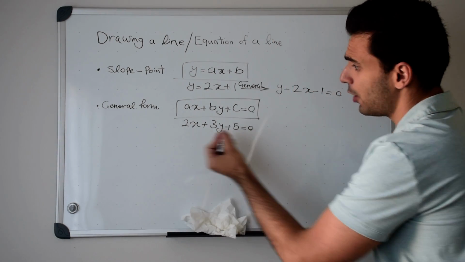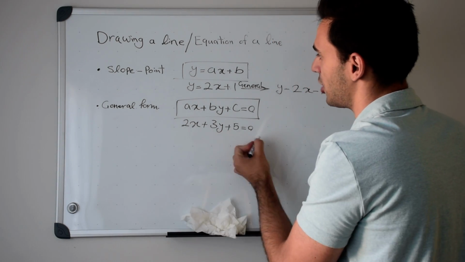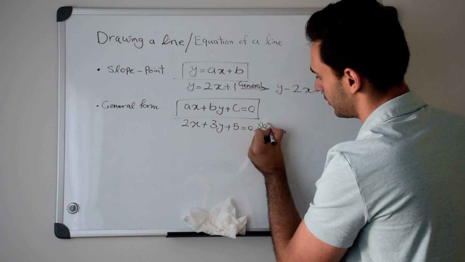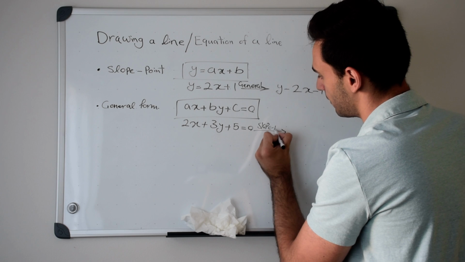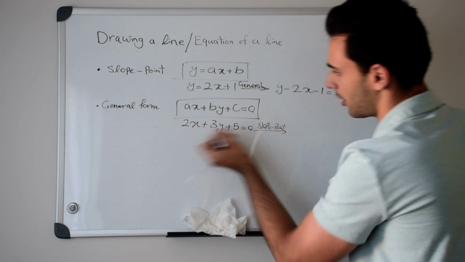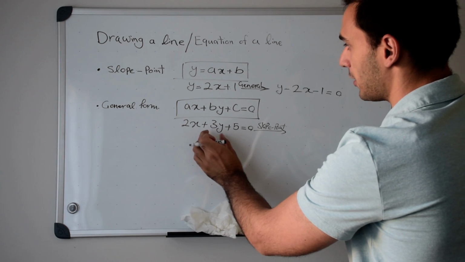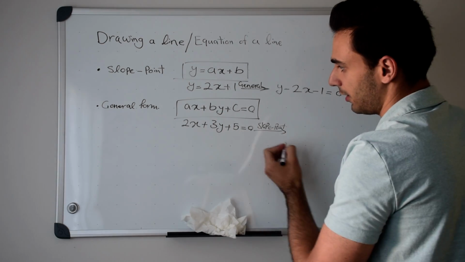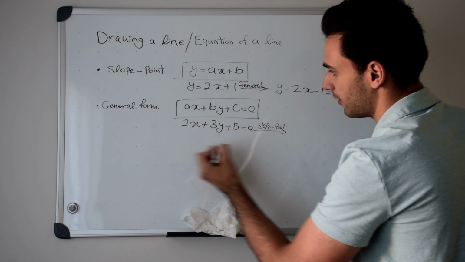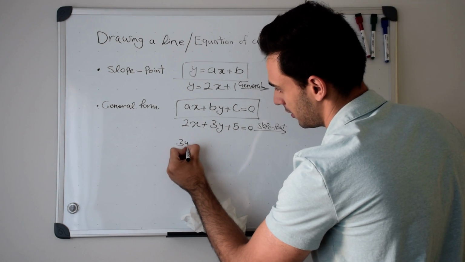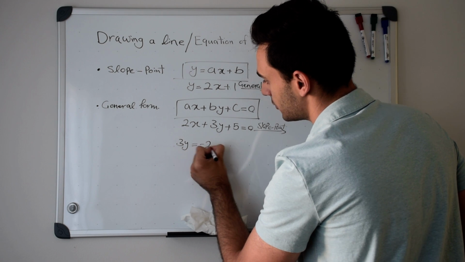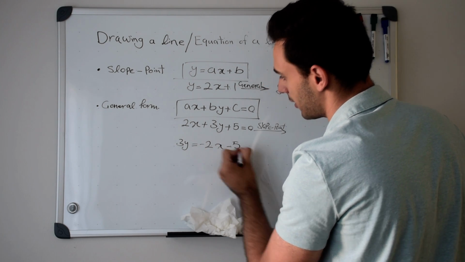On the other hand, we can do the same thing with general form and change it to slope point. I'm gonna put y and its coefficient on one side, so I'm gonna write 3y, and put everything else on the other side, equal to minus 2x minus 5.